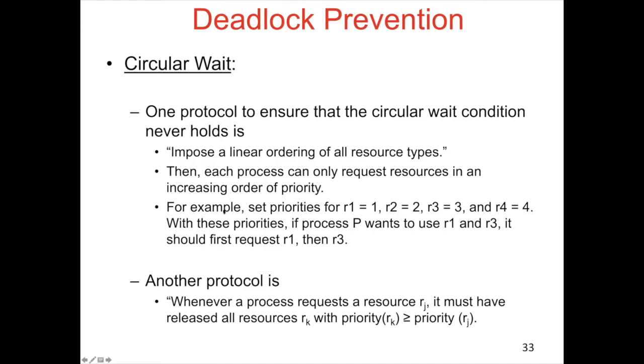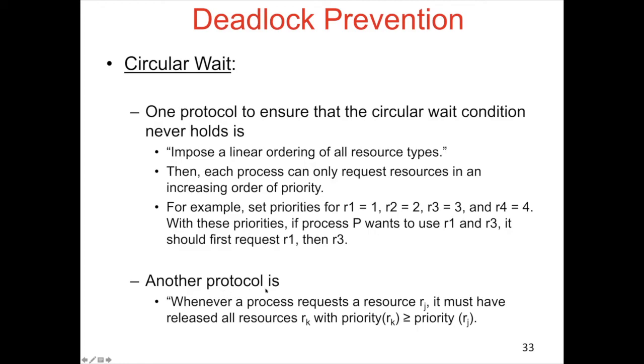For example, set priorities for R1, R2, R3, and R4. With these priorities, if process P wants to use R1 and R3, it should first request R1, then R3.